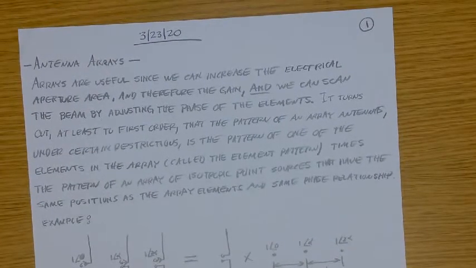The next topic of discussion is antenna arrays, right? So we talked about antennas, but you can put antennas in arrays and therefore increase the electrical aperture size and therefore increase the directivity, right? Because we saw that the directivity was 4 pi times the effective aperture over the square of the wavelength.